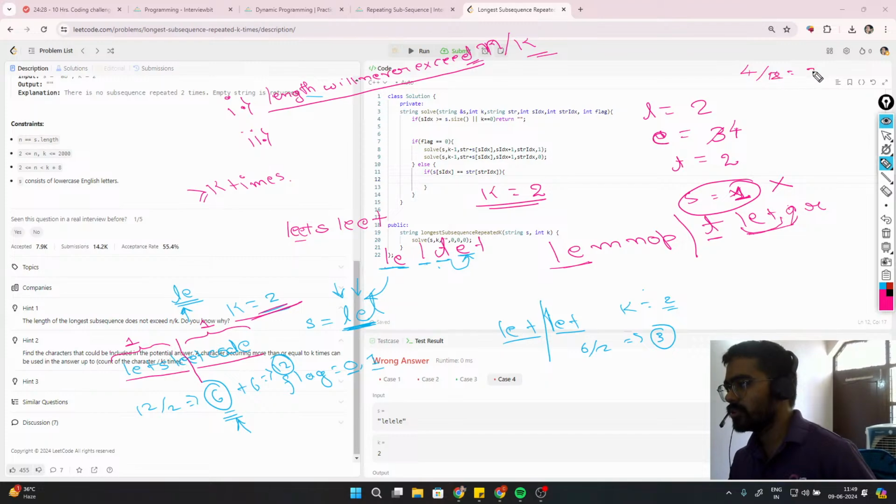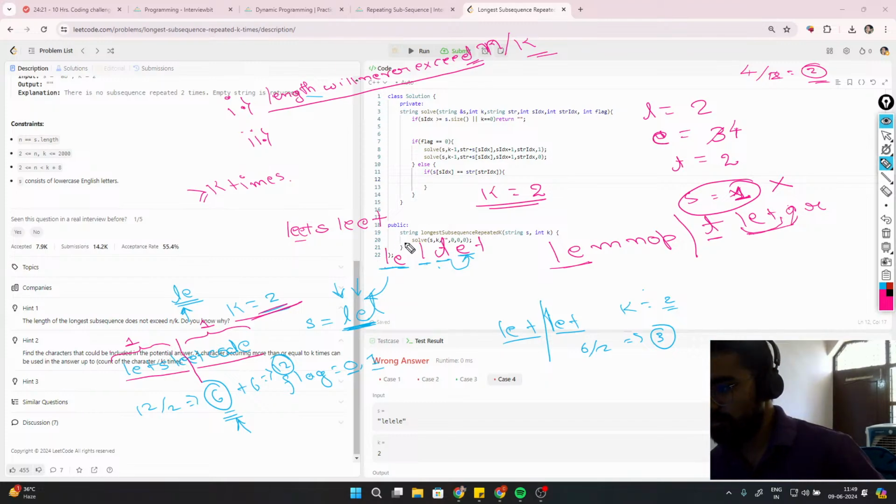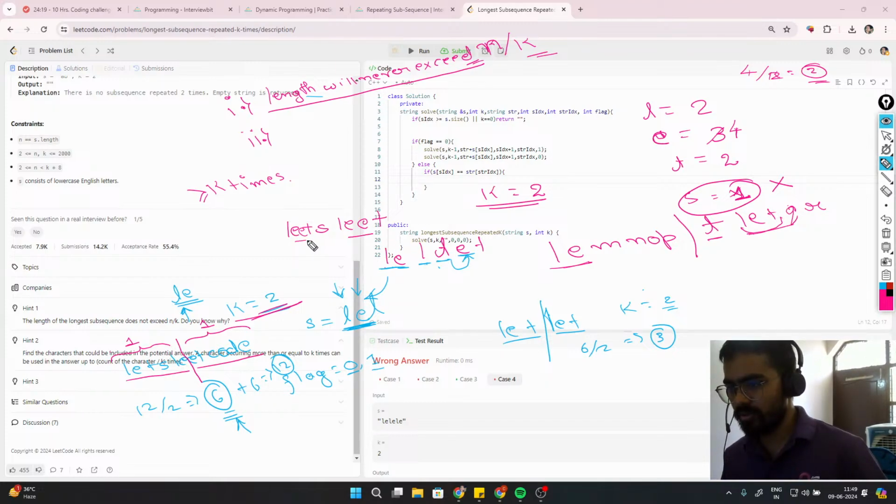So 4 divided by 2, that is 2. 2 times E can be taken. That is also correct.